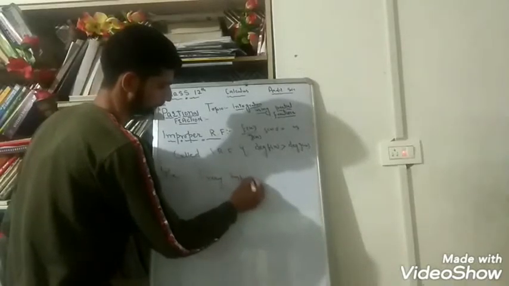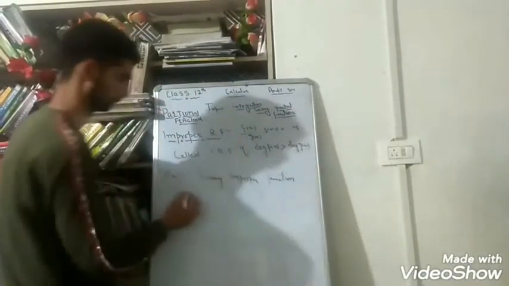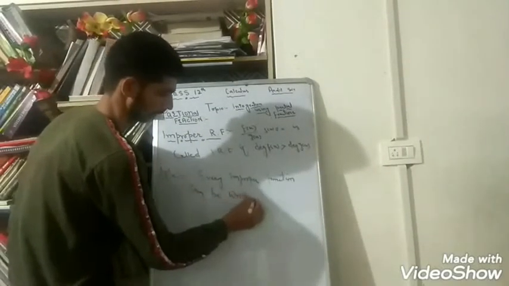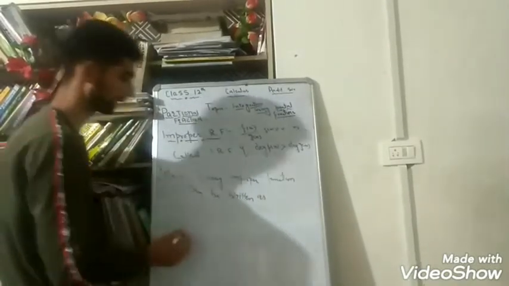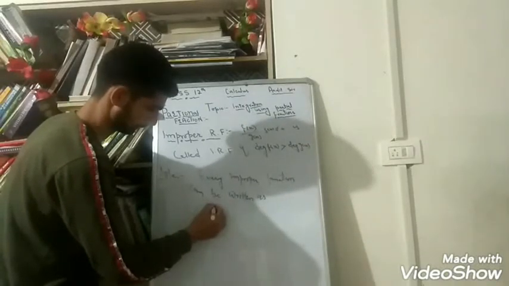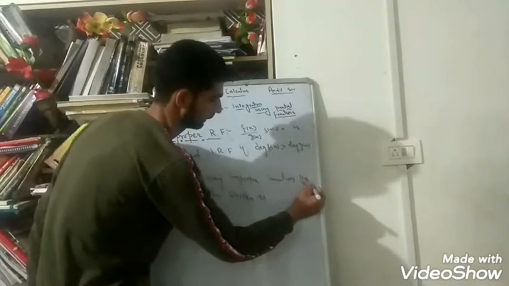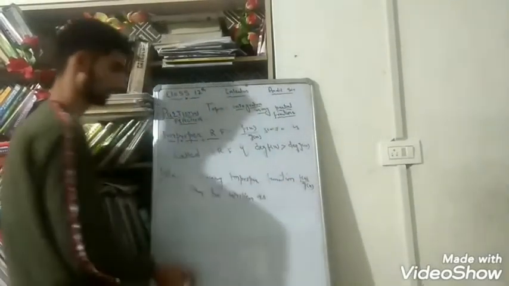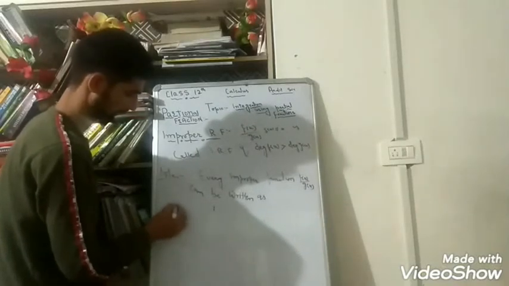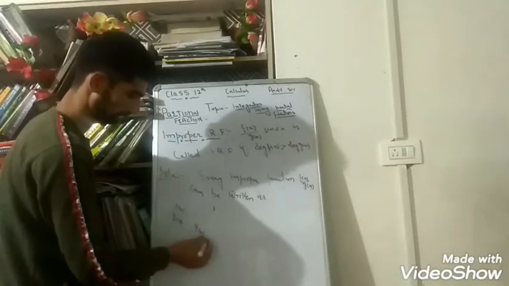Any improper function can be written as follows. Any improper function f(x) can be written like this: when we divide f(x) by g(x), we get a quotient q(x) and a remainder r(x).